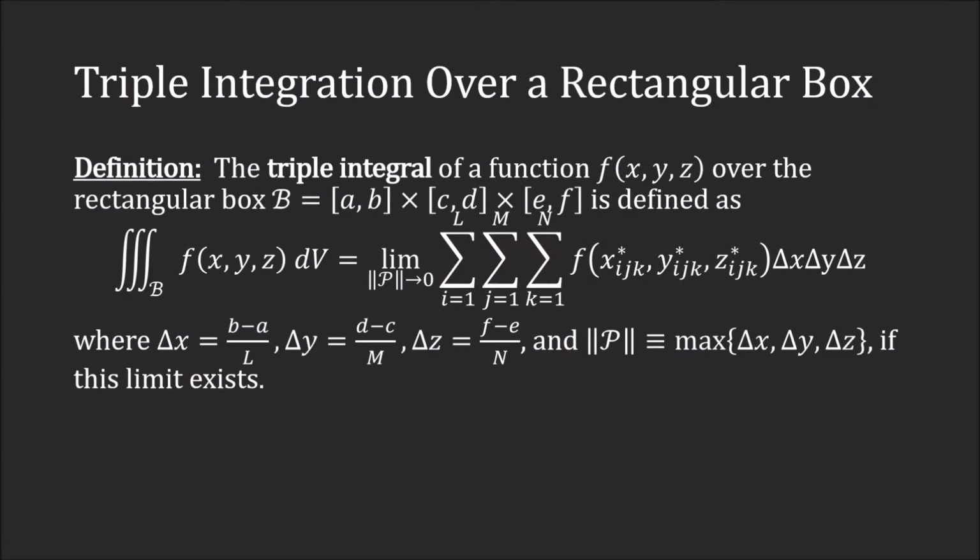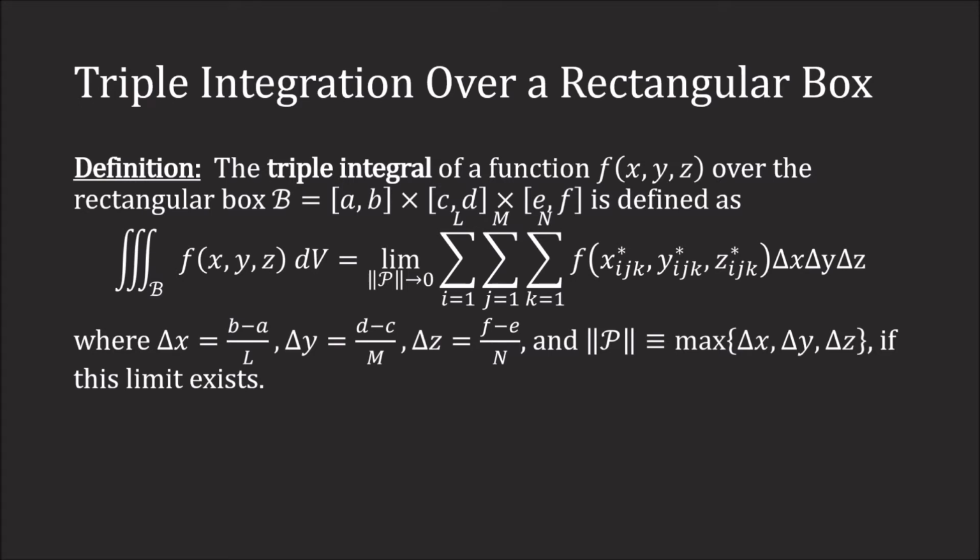So the triple integral of a function f of x, y, z over the rectangular box [a,b] cross [c,d] cross [e,f] is expressed this way: triple integral over B of f of x, y, z dV, and it's the limit as the norm approaches 0 of this triple summation. And remember, this norm just represents the maximum of delta x, delta y, and delta z, if this limit exists.